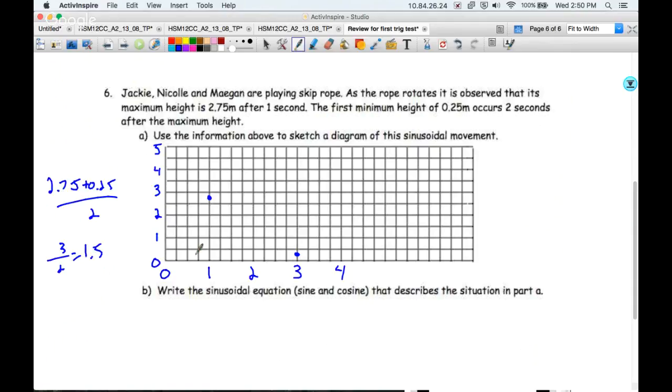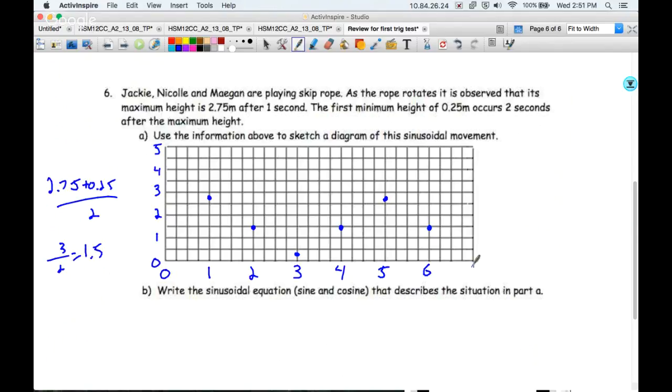So right at 2 seconds, right in between, we should be at 1.5, which is right in line with those, so that's good. And then after 4 seconds, it should have returned to that. After 5 seconds, it should be back up at its maximum. After 6 seconds, it's back at its midpoint.